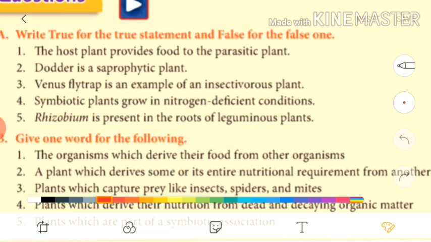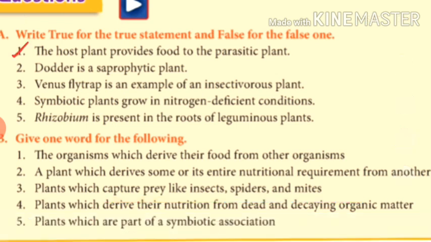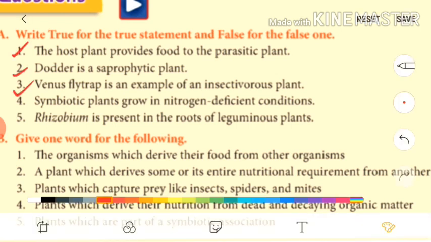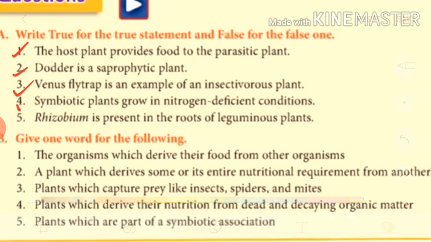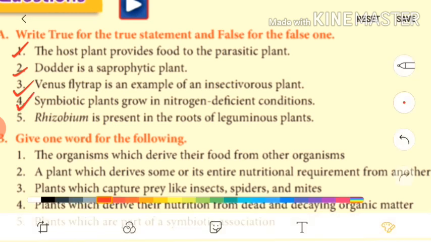Now fourth one, symbiotic plants grow in nitrogen deficient condition, so fourth one is true. Now fifth one, rhizobium is present in the roots of leguminous plant, so this is also true.